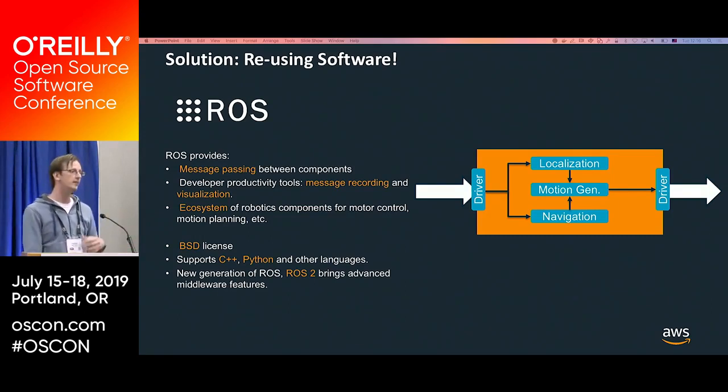The second part is that because you now have this single place where people are collaborating, you can start investing in developer productivity tooling. ROS is well known to provide capabilities around message recording and replay, because again, it's hard to reproduce problems on robots. It also provides visualization tools.